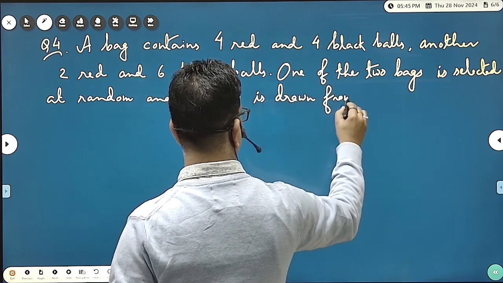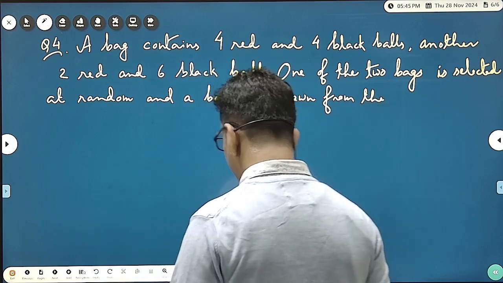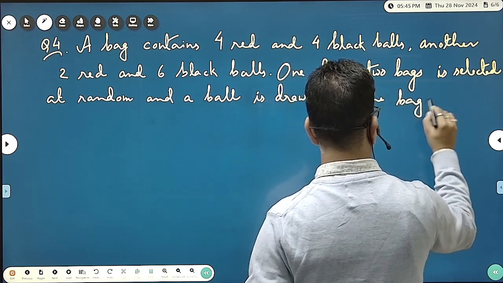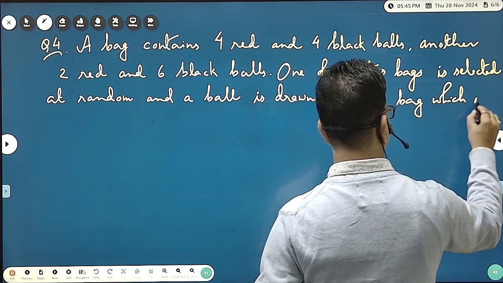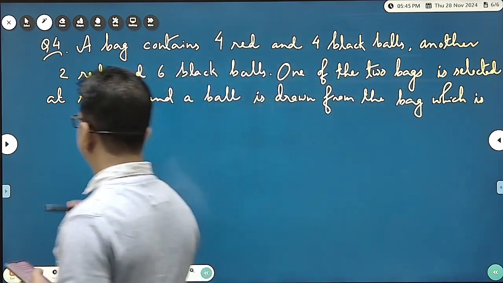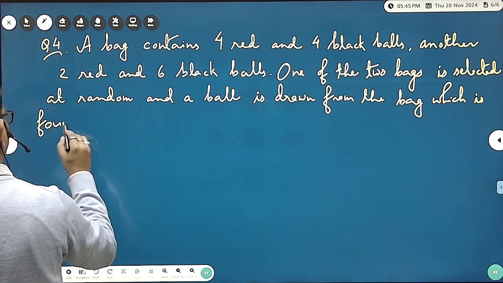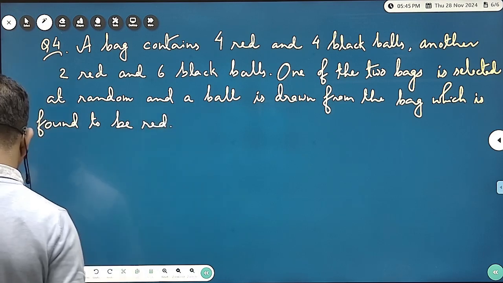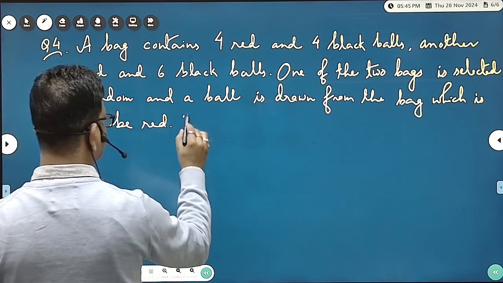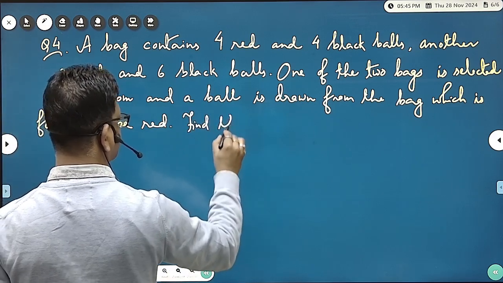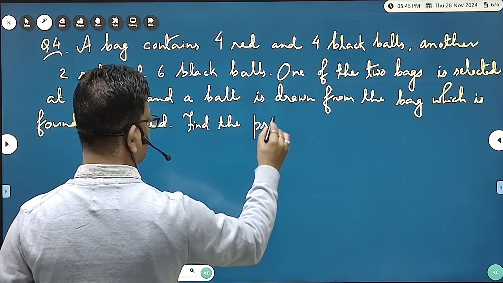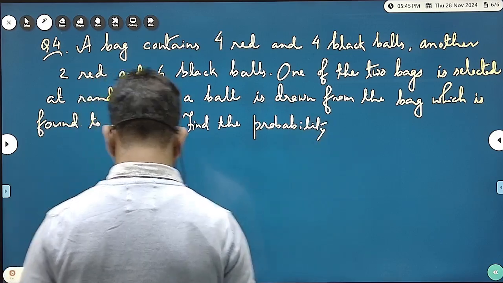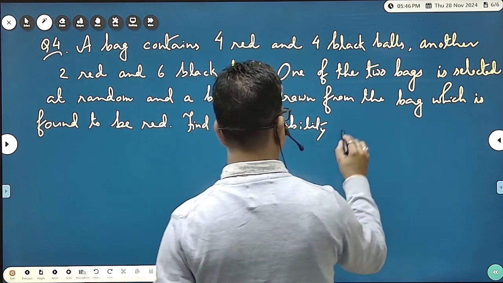The ball drawn from the bag is found to be, supposing, red. Find the probability that the ball was drawn from the first bag.